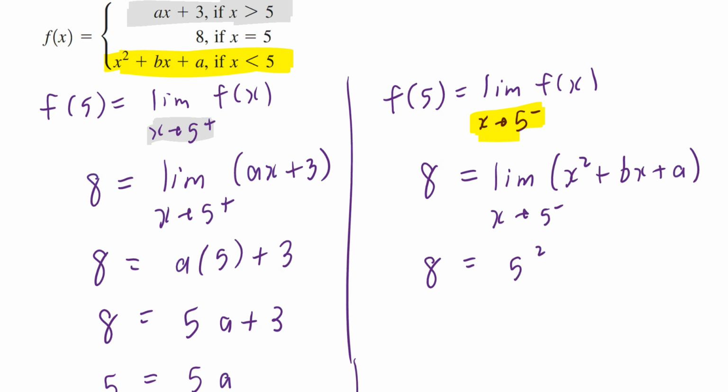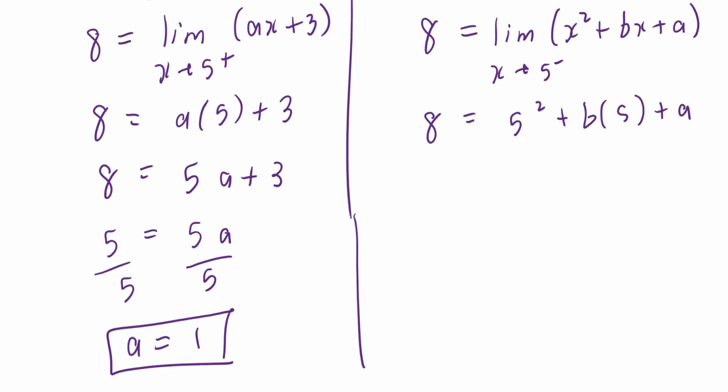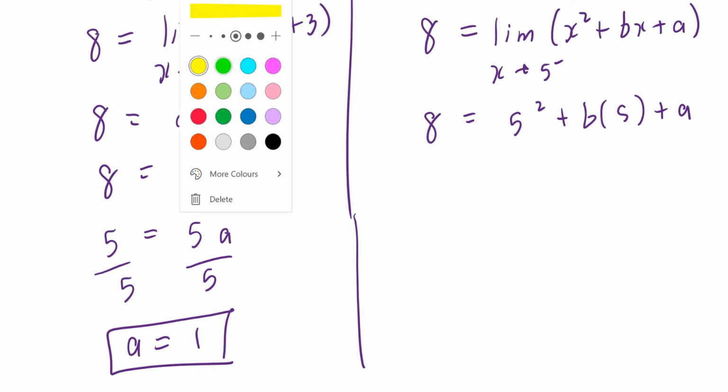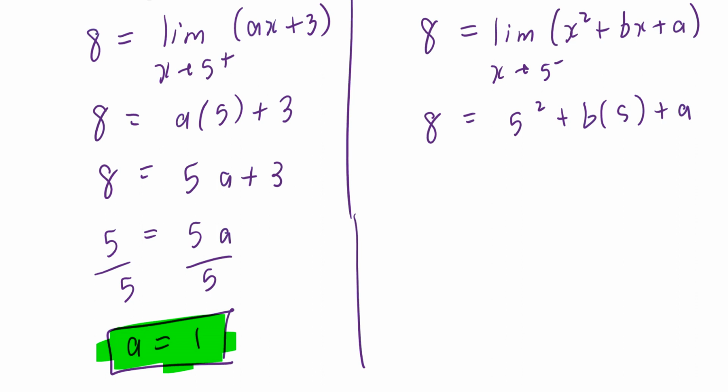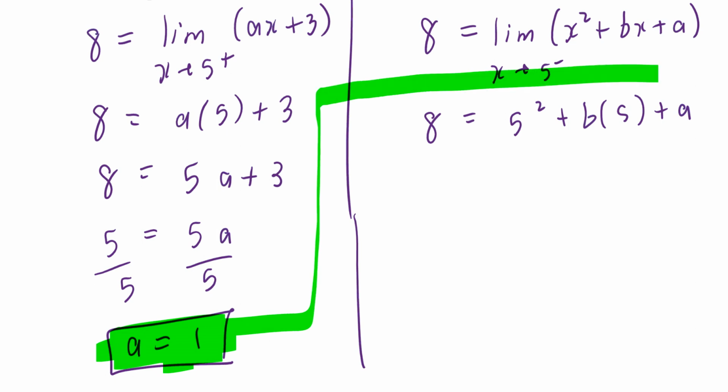So 5 squared plus b times 5 plus a. But you found a. So again, in another color, a is supposed to be 1. So we're going to plug it in, which means 8 equals 25 plus 5 times b plus 1.